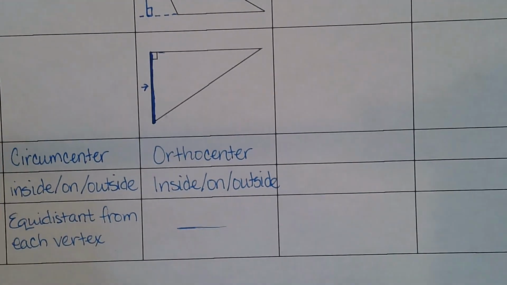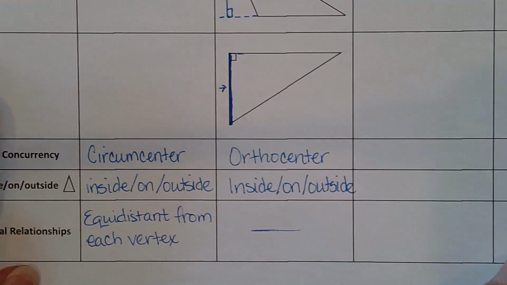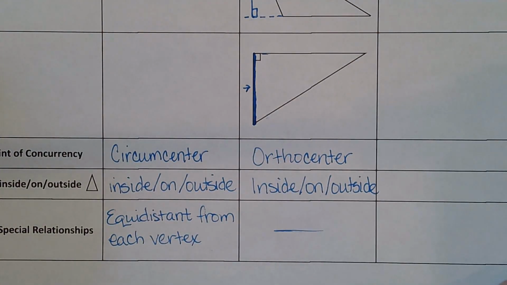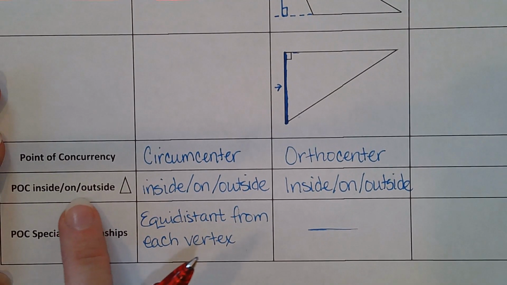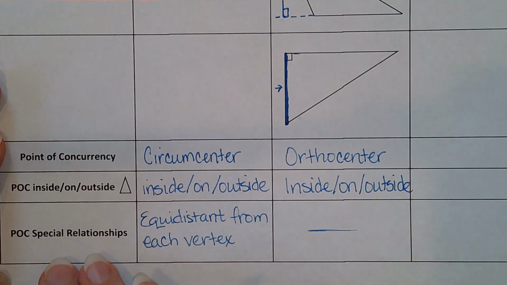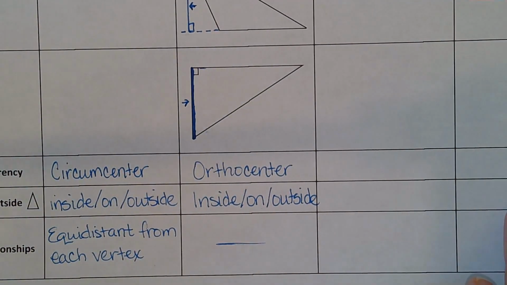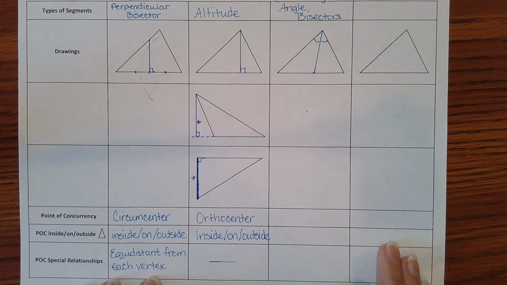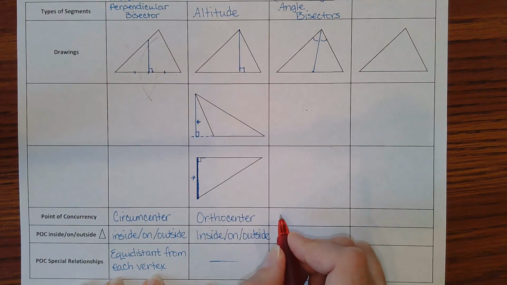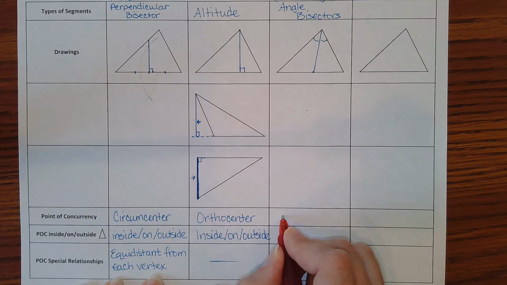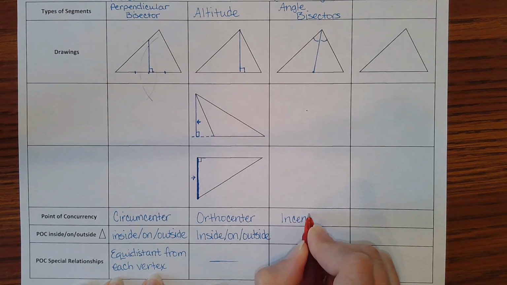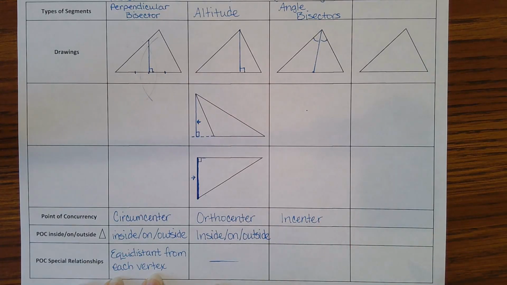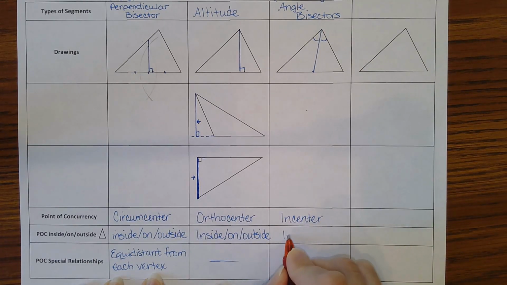All right, so coming back to our chart, we're looking at the point of concurrency, and then whether the point of concurrency is inside, on, or outside the triangle, and then the special relationships. I'm going to zoom this out so you can see this a little bit better. For angle bisectors, we're going to follow it all the way down here. Where the angle bisectors meet, that is called the incenter. The incenter is always inside of the triangle.